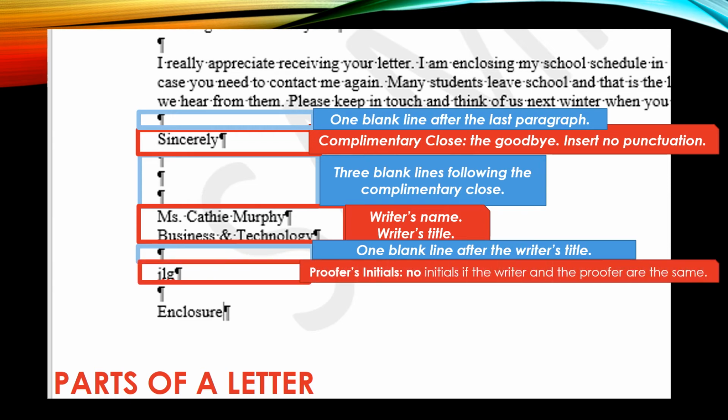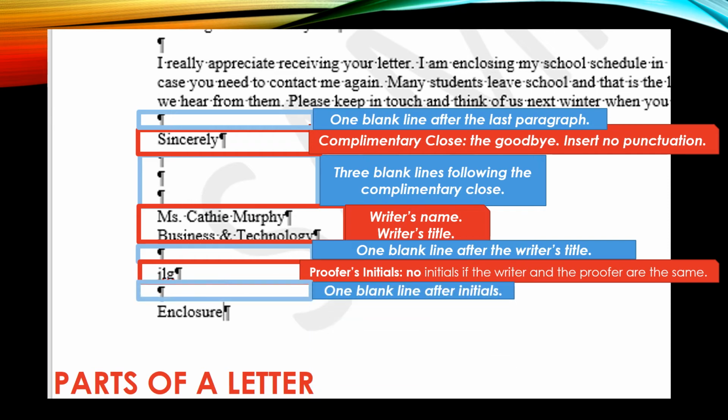The writer's or the proofer's initials will be placed after the writer's title. However, if the writer and the proofer are the same, there is no need for proofer's initials. It would just be left blank.